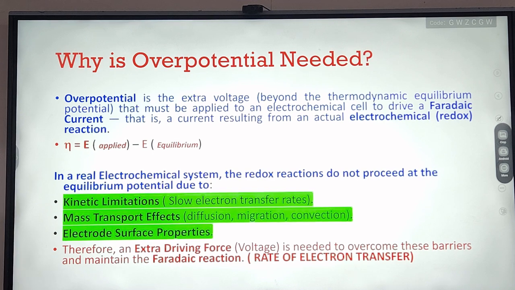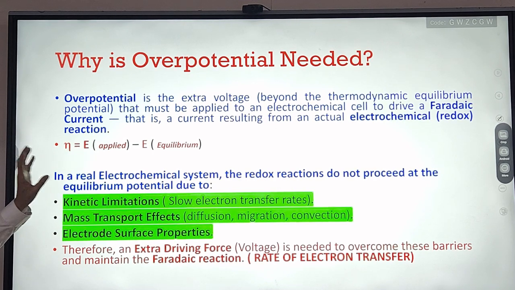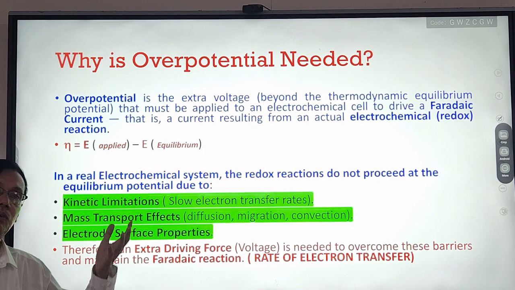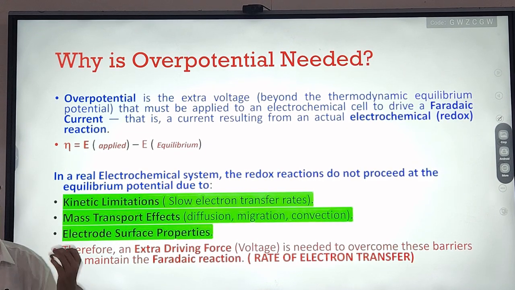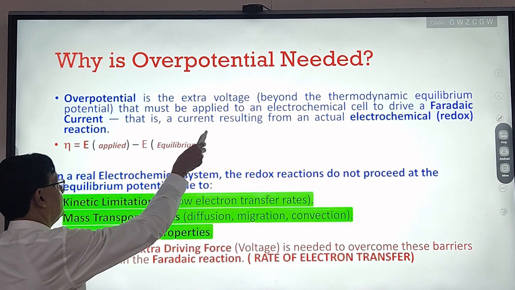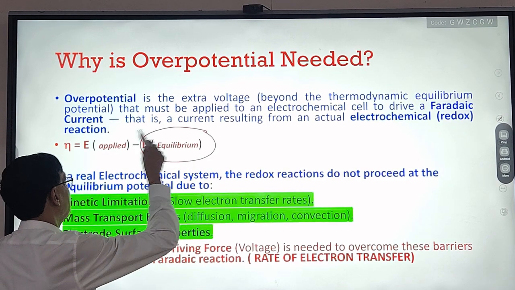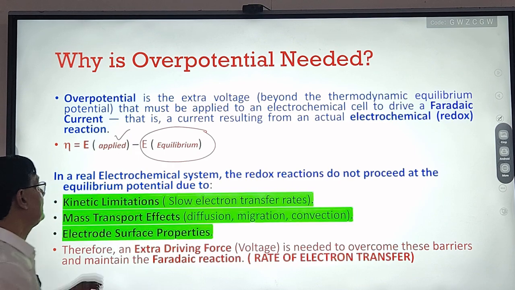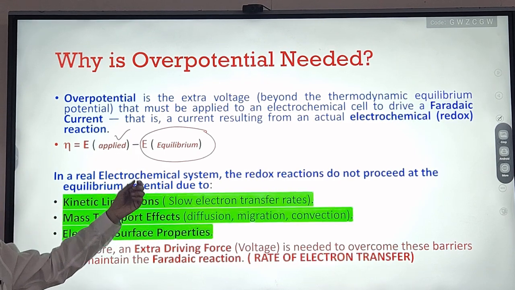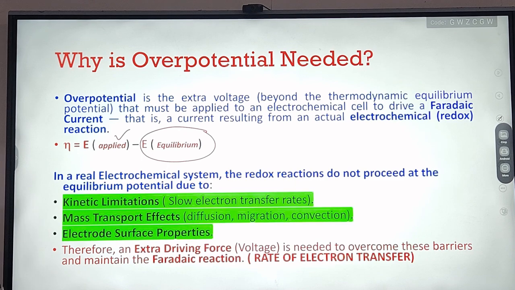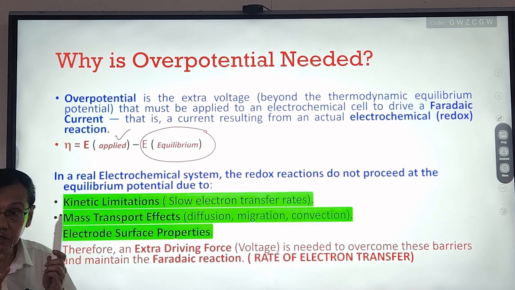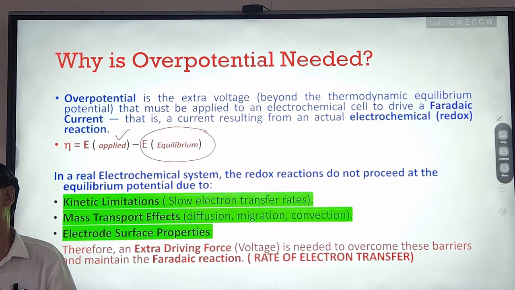So therefore, it is very, very essential that for any electrochemical setup, any battery, solar cell or even sensor, we have to apply this, because this is the normal case, E equilibrium. But हमको लगेगा ही लगेगा. In a real electrochemical system, the redox reaction does not proceed, and sometimes the electron transfer rate is very slow, sluggish.